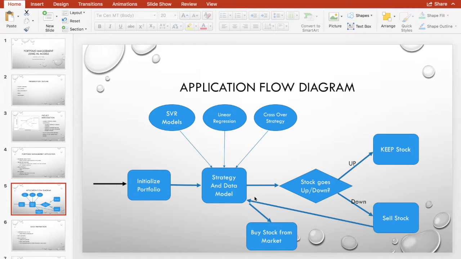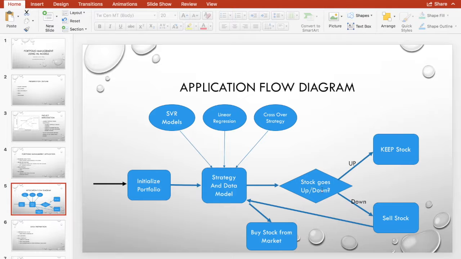For each trading day, I apply the data model, or a trading strategy, to each stock in my portfolio. The data model tries to predict the price of that stock in the future.